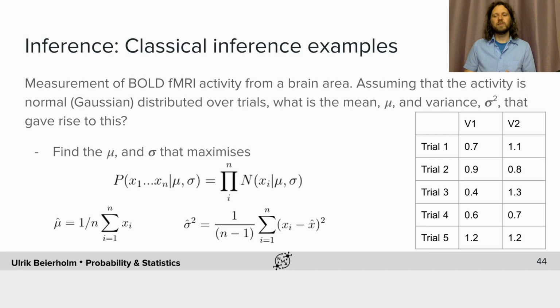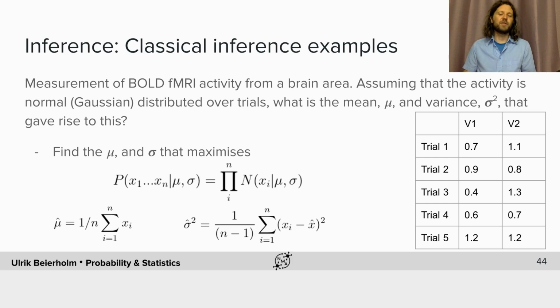And of course, as we know from statistics, the value that actually maximizes this function is the average over the data, which gives us the best unbiased estimate of mu. And then there's the sample variance, where you take the squared deviance from the mean, and that gives you the best unbiased estimate of your sigma squared instead.